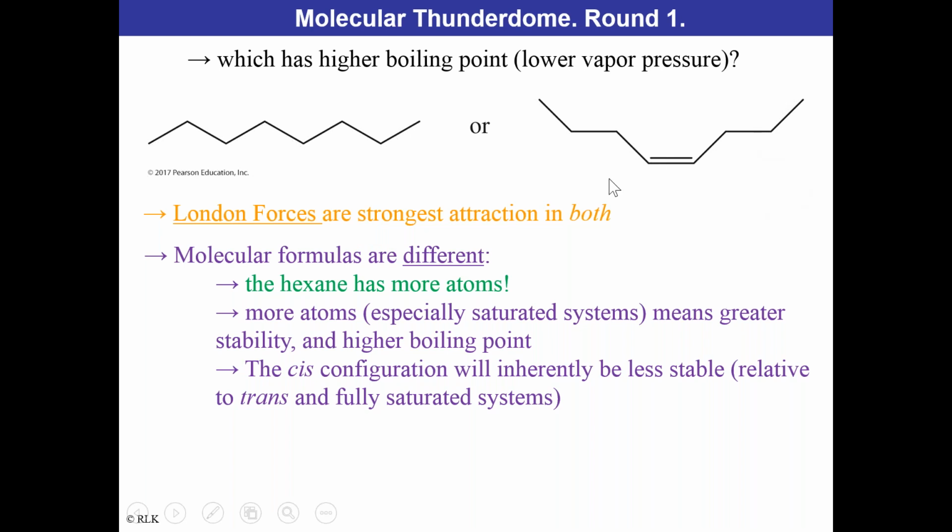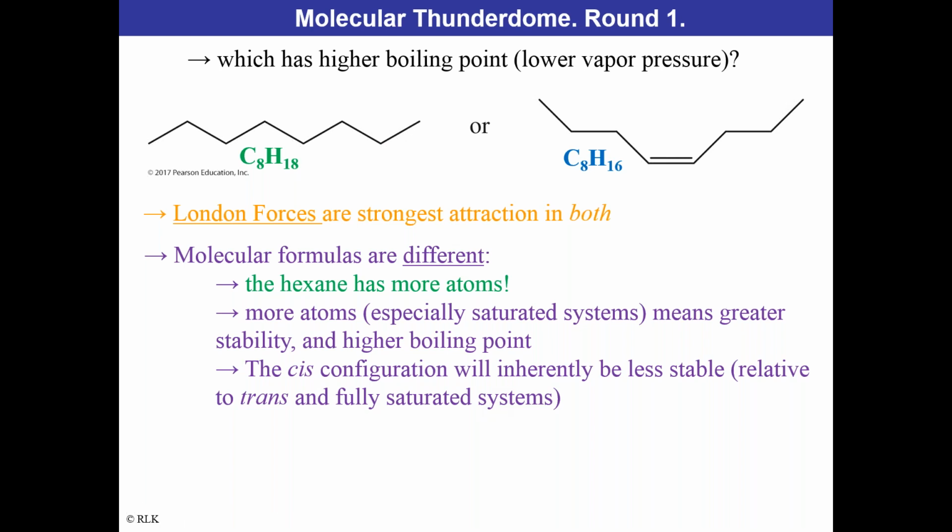So it's going to go from northeast to what? Southeast, if we were to rotate that, and it would become a trans. So here in the cis configuration, this is less stable, it's going to be more reactive, and this system will also then give rise to differences in boiling point.